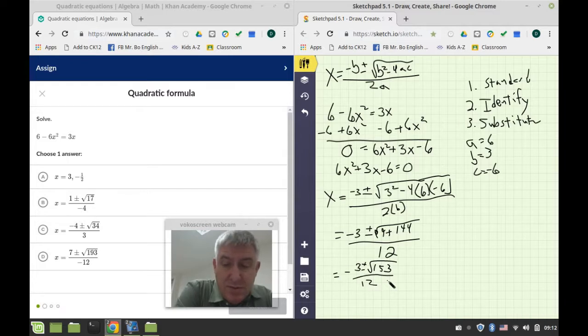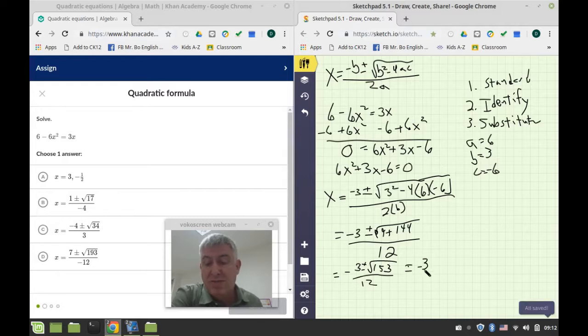All right, so 153, what can I pull out of 153? Is that divisible by 3? It's divisible by 9, so I can divide by 9. So that is equal to -3 plus or minus the square root of 9 times 17 all over 12, and this 9 can come out.